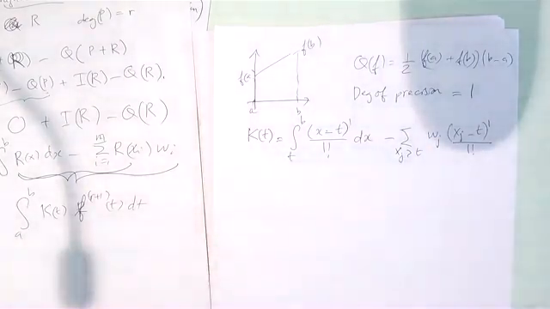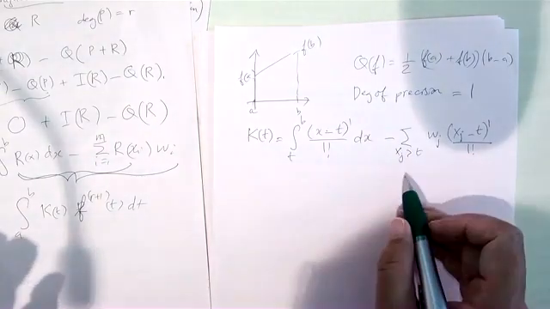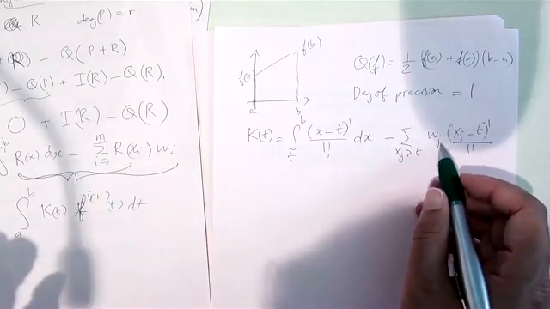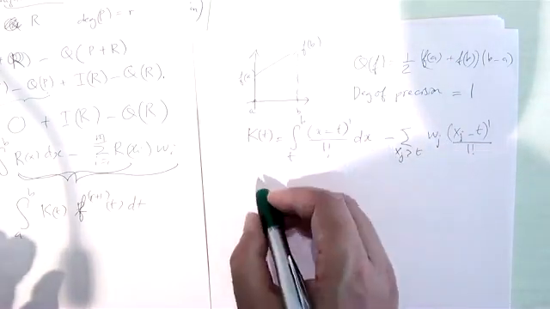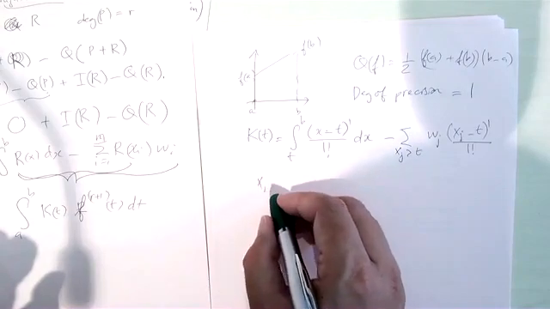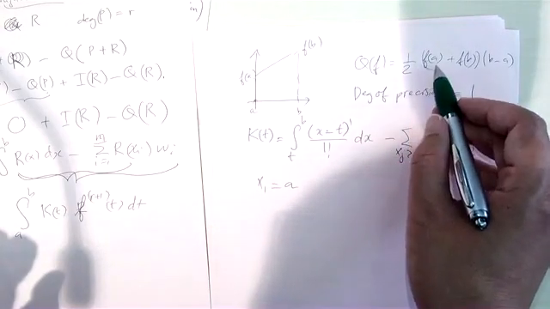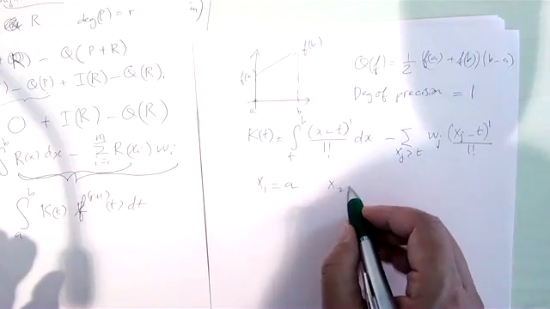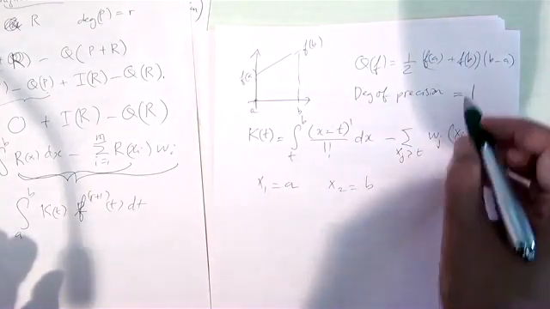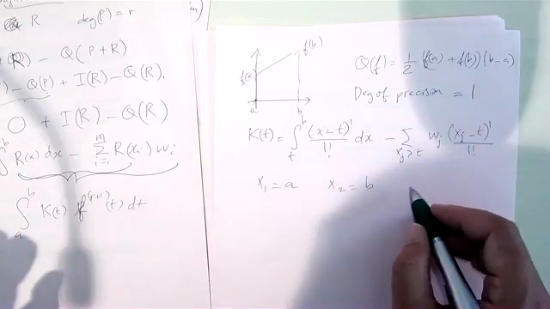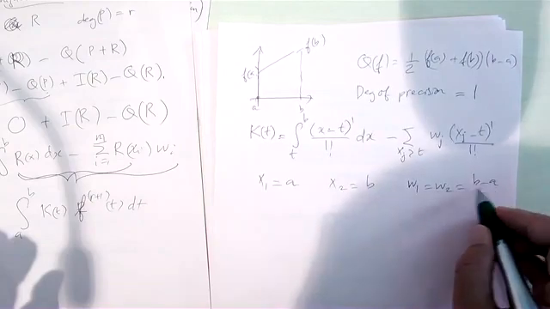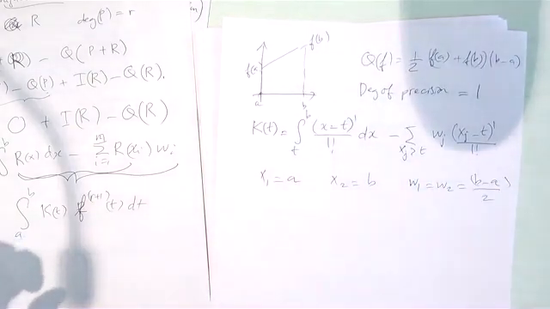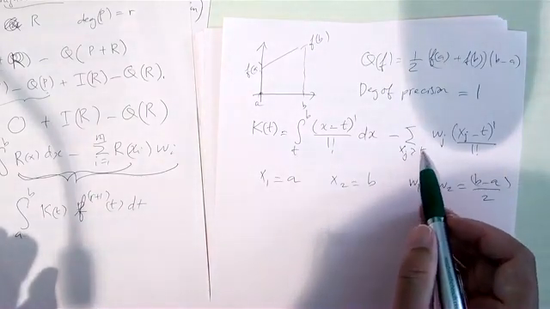But now, what do we mean by xj and wj? Remember, you have a quadrature with 2 quadrature points: x1 equal a, so x1 is just the first quadrature point, and x2 is just equal b. And the weight is just equal to b minus a over 2. Now what we are looking at, we just take xj bigger than t.